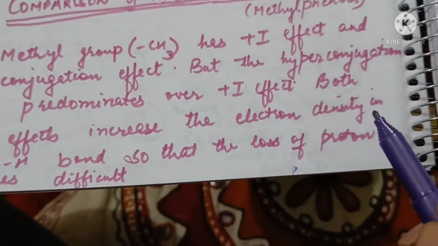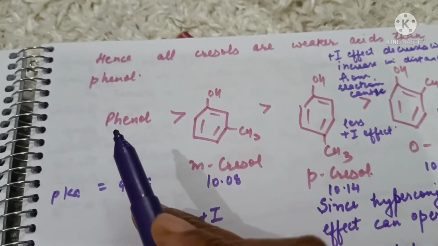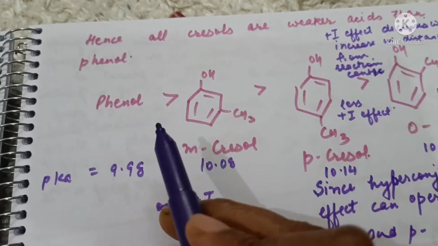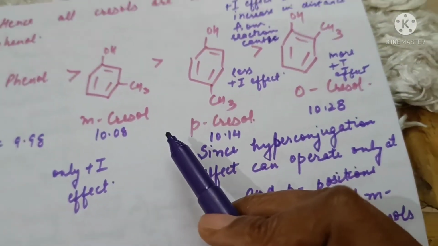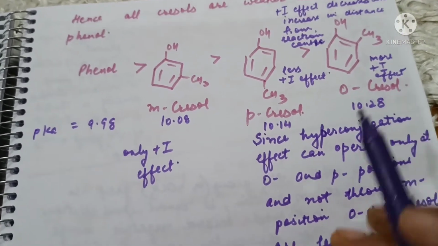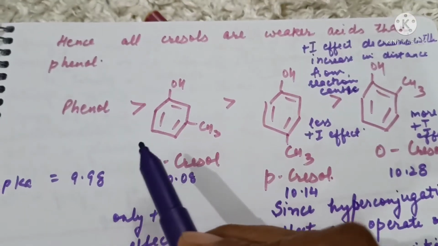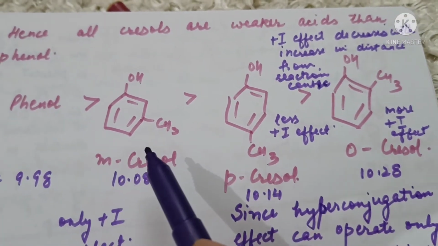Both these effects will increase the electron density in the OH bond so that the loss of proton becomes more difficult. What we see is that phenol will be more acidic than meta-cresol, which will be more acidic than para-cresol, which will be more acidic than ortho-cresol. In meta-cresol, there is no hyperconjugation effect.